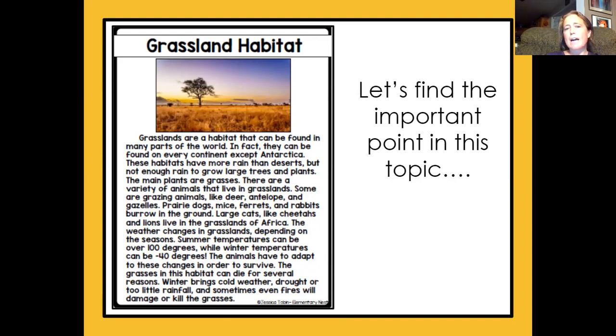And throughout the entire text, it talks about the characteristics of grasslands, what kind of animals live there, and the temperatures in the grasslands. These are all supporting details to grasslands.